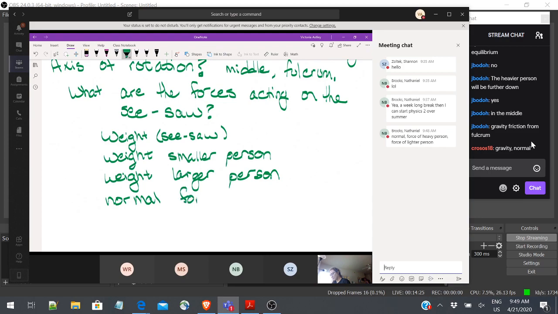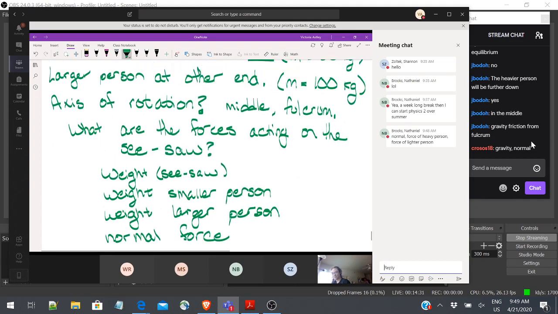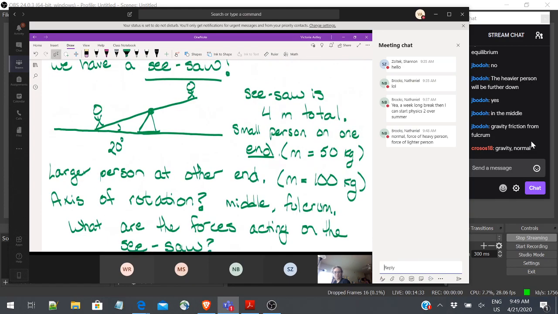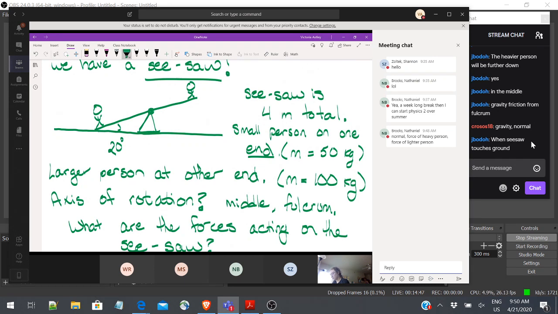Tell me about the normal force. Where is the normal force acting? Where the seesaw touches the ground and at the fulcrum.